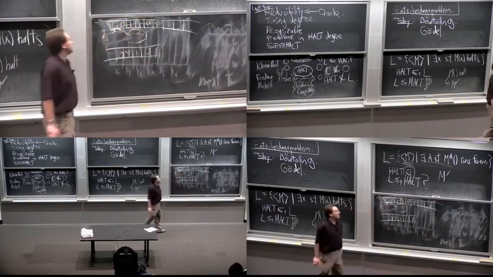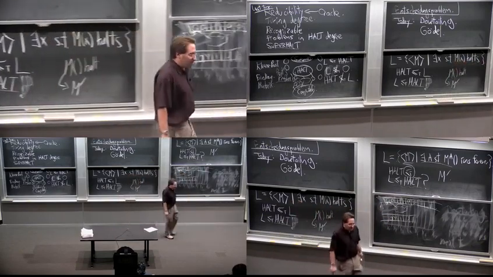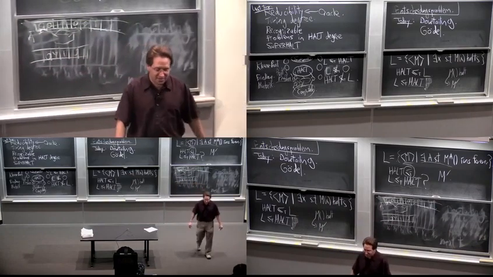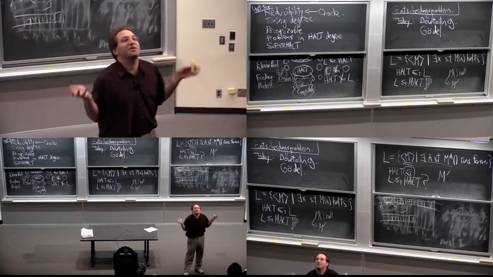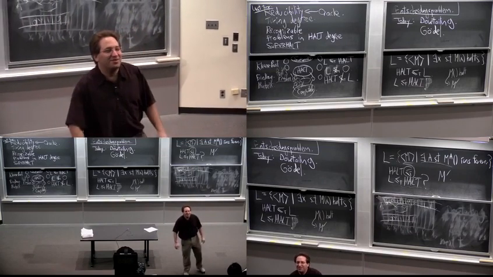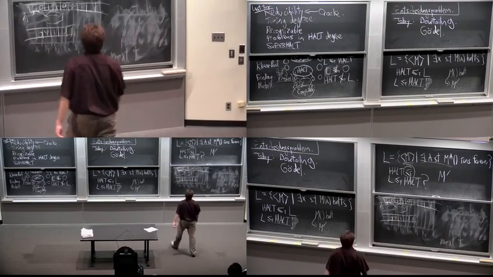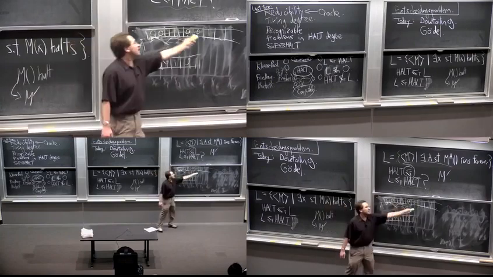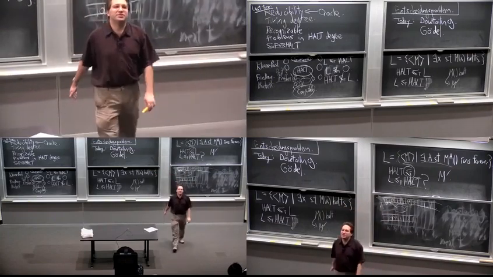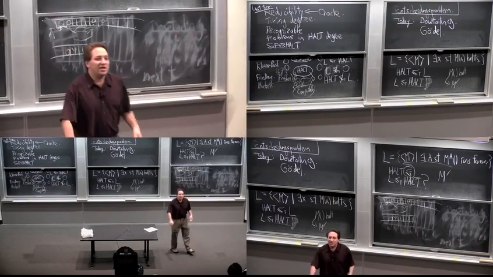The machine starts out in the leftmost position on the tape, and as far as the machine is concerned, it doesn't know yet what the Oracle is going to say. That's why it needs an Oracle. It could be a 0 and it could be a 1. The question that interests us is whether there exists any way of setting the zeros and ones on this Oracle tape that causes the machine to run forever.